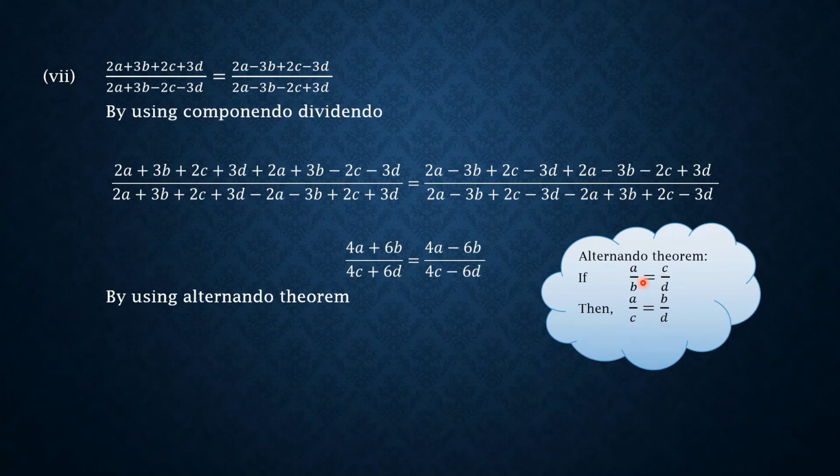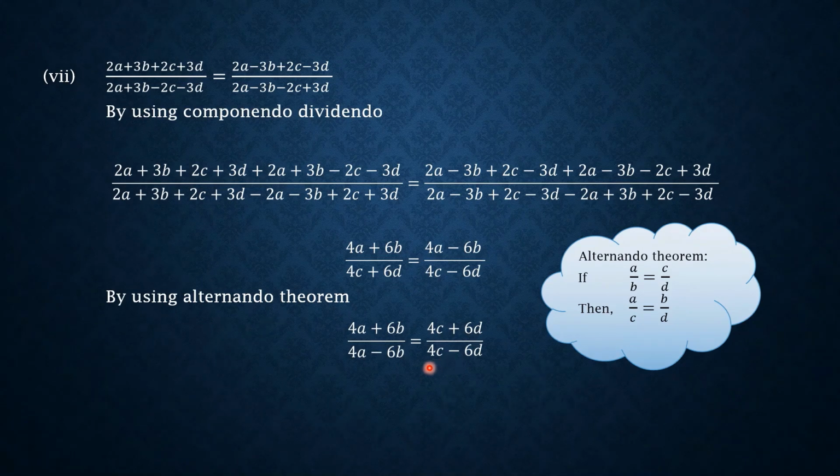C and b will be interchanged by each other. So when we apply this to the above fraction, we will get 4a plus 6b divided by 4a minus 6b, and this equal to 4c plus 6d divided by 4c minus 6d.